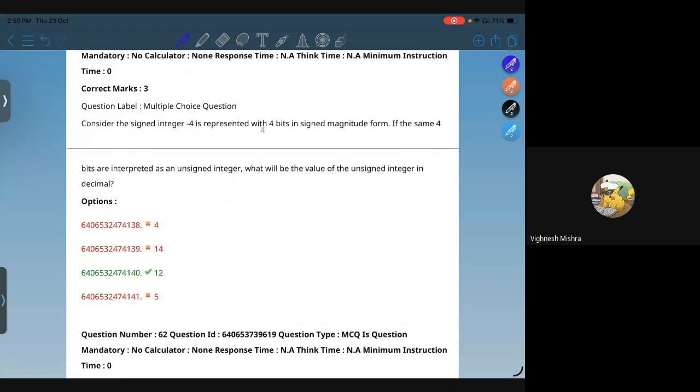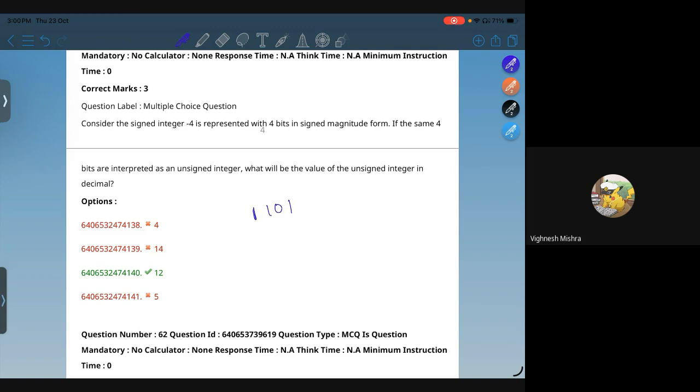Consider the signed number -4 is represented with 4 bits in the signed magnitude form. If the same 4 bits are interpreted as an unsigned integer, what will be the value? So -4 in 4 bits will be represented like this: this is 4 and this will be your minus.